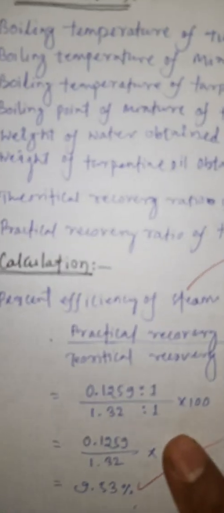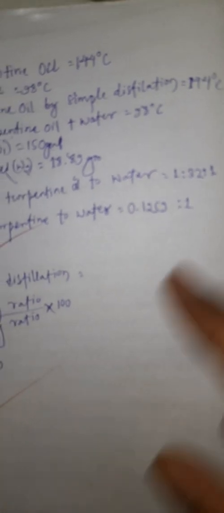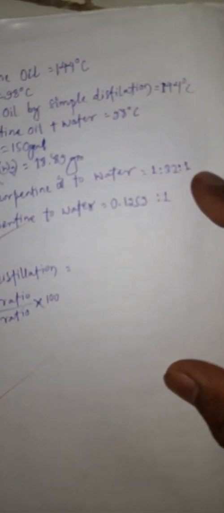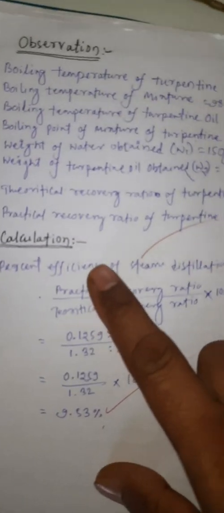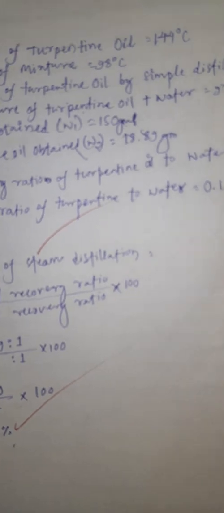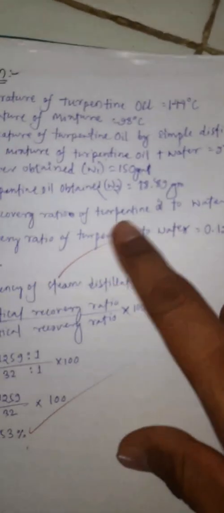Then the theoretical recovery ratio of turpentine oil to water was determined, that is 1:32:1. Then the practical recovery ratio of turpentine oil to water will be determined by comparing with this theoretical ratio. We have also determined this.